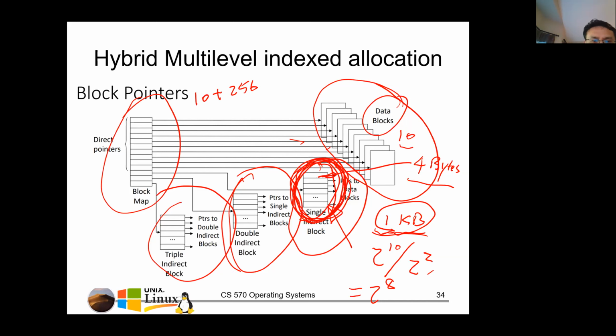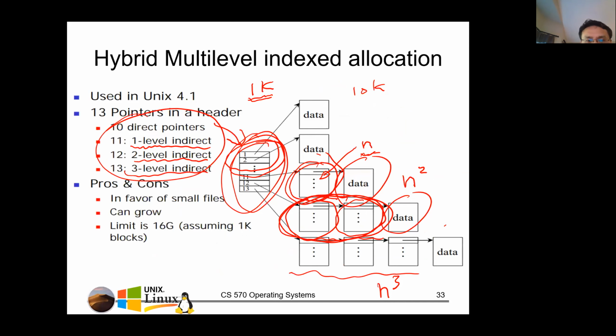Okay. For the double indirect block, how many entries are there? If a single indirect block has 256 entries, what would be the number of entries in a double indirect setup? How many in total? Remember, let's go back here.